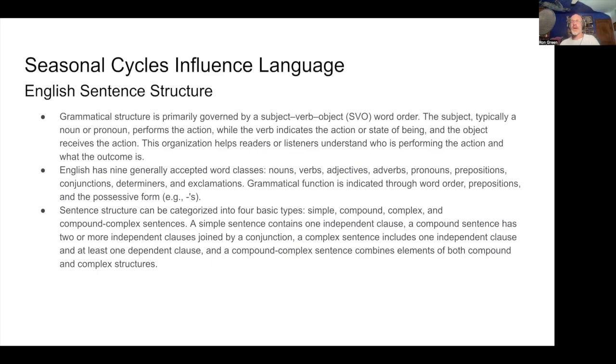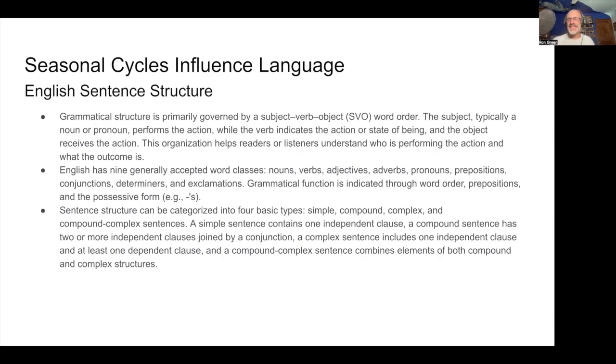So, a simple sentence contains one independent clause. A compound sentence has 2 or more independent clauses, joined by a conjunction. I went to the store, but I didn't buy anything, right? So that's a compound sentence.